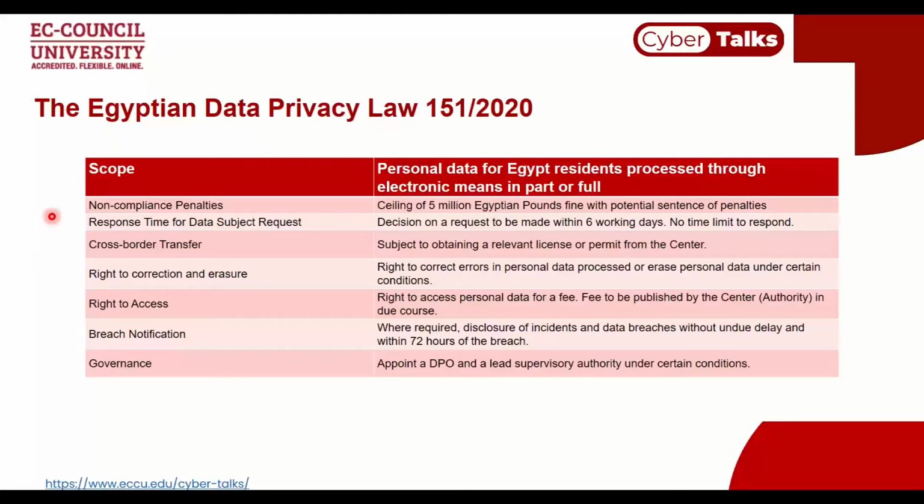The right to access for an individual to his personal data within an organization is there, but with a fee. The breach notification should be within 72 hours, like the GDPR. The governance part: the law necessitates appointing an Egyptian national as data protection officer.